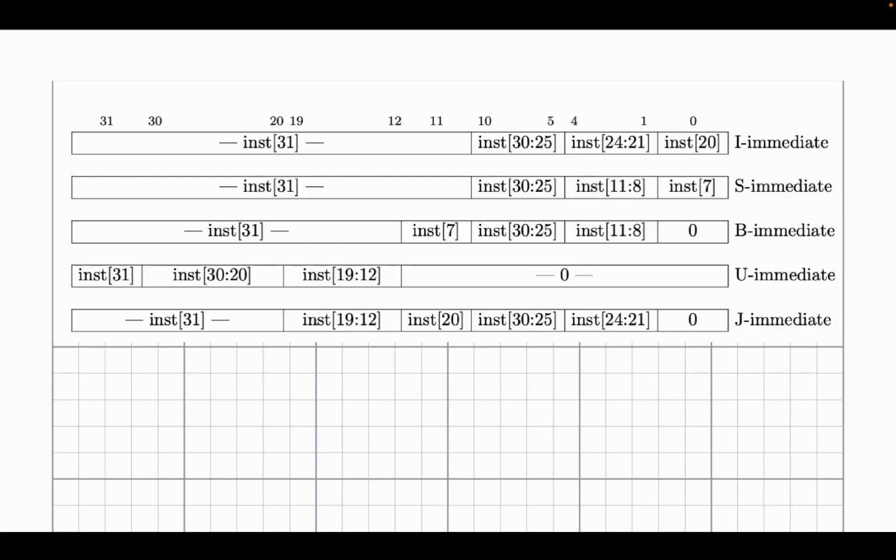So what we're looking at now is the immediate output of our sign extender for every single type of instruction, right? So this inst right here is presumably our input instruction, and this is saying that the 31st bit of the instruction is going to be put into all of these bits because it's sign extended.